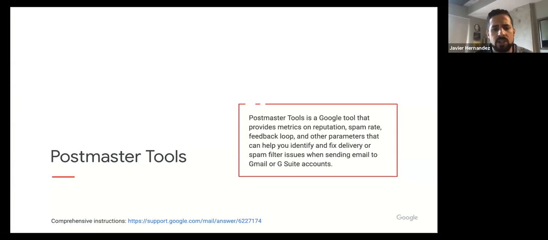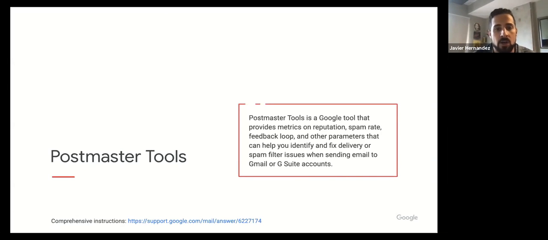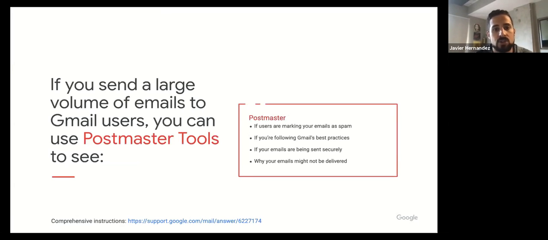This is going to give you a lot of different information on the kinds of feedback we're receiving on our end. You can go to gmail.com/postmasters to access this tool. Here you'll see there's a lot of valuable information, like whether users are marking your email as spam.